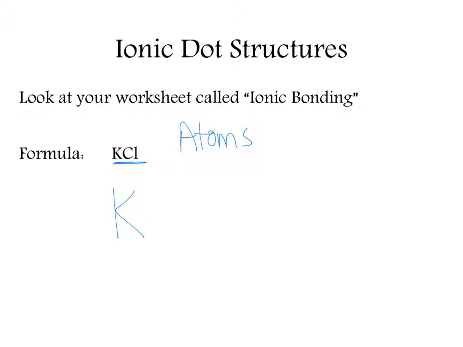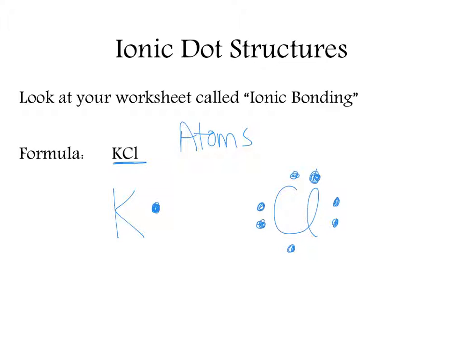Since K is in group 1, it has one valence electron, so its electron dot structure will look just like this, K with one dot. We also know that Cl is in group 17. Group 17 has 7 valence electrons, so it'll have 1, 2, 3, 4, 5, 6, 7. So Cl has 7 dots and K has 1 dot.